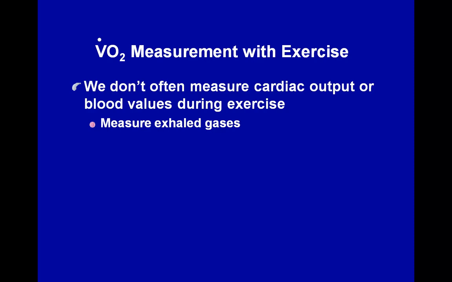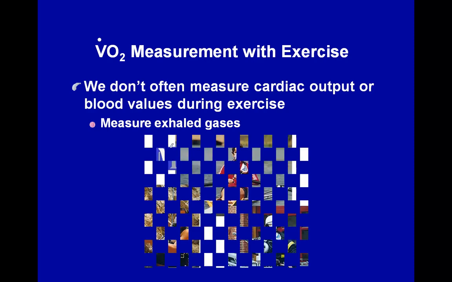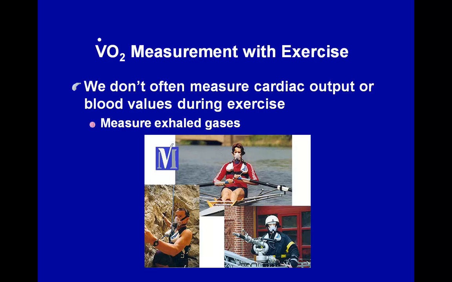And the reason for that is there's a connection between the exercising tissue and the blood, which is bringing blood back to the heart from exercising tissue. That blood will perfuse the lung. The lung is going to exchange gases, and we'll measure exhaled gases to tell us what's going on in the tissues. And we can actually do this.